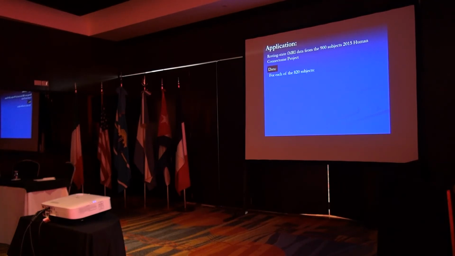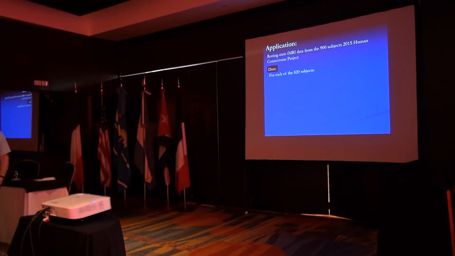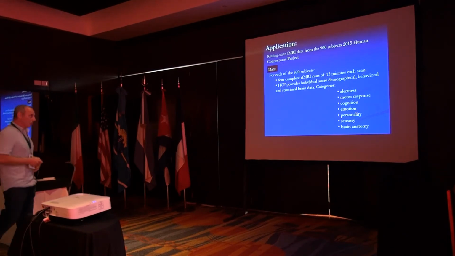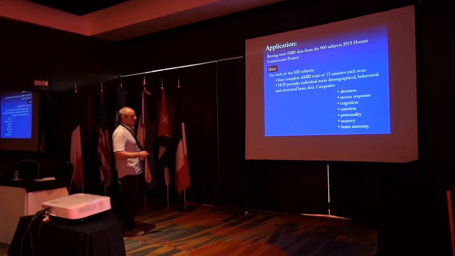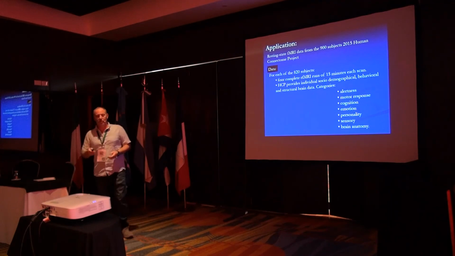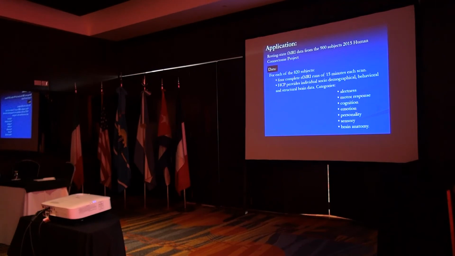Okay. So this is very nice data from the Human Connectome Project. It consists of 820 subjects with 1 hour of fMRI scan, and the project also provides socio-demographic, behavioral and structural brain data in some categories: alertness, motor response, cognition, emotion, personality, sensory, brain anatomy. Some of these are just psychological tests, and you have the score of that.